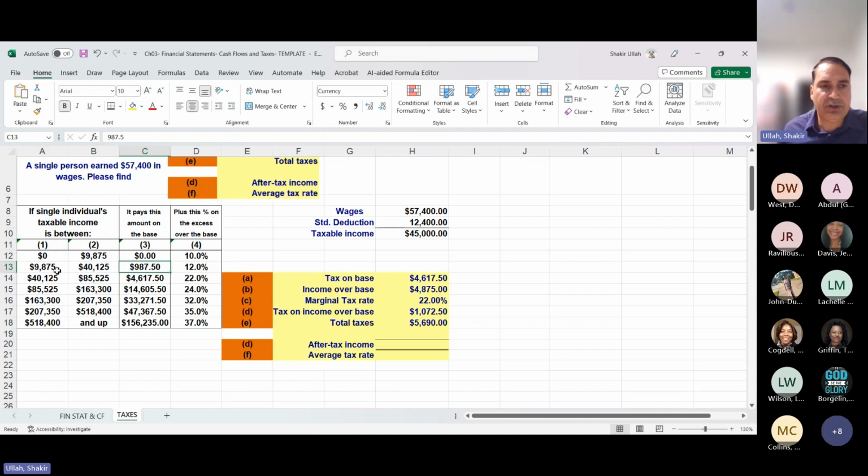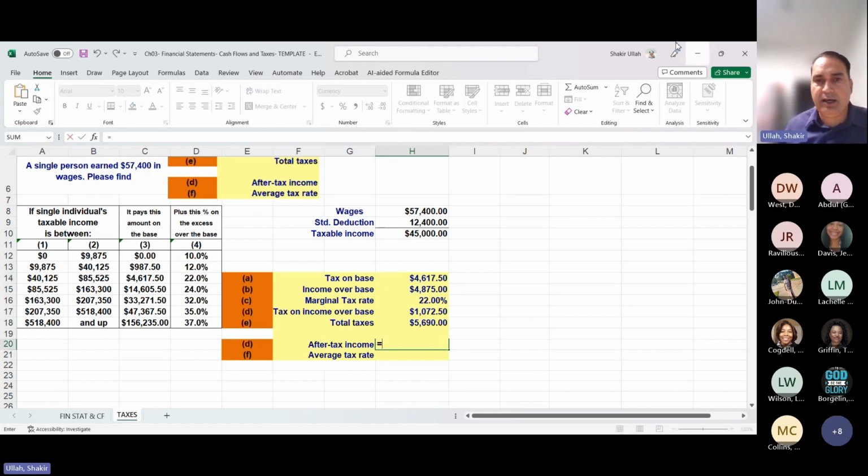For the additional amount over that in the next bracket, they have added that, and it is included in the $4,617.50. That includes the 12% tax rate in this bracket and the 10% tax rate in this bracket. So this amount already includes the previous tax percentages. Okay. So when we use that base, that is already included in there. Thank you for asking that question. Good question. All right. Okay, so what is the after-tax income?